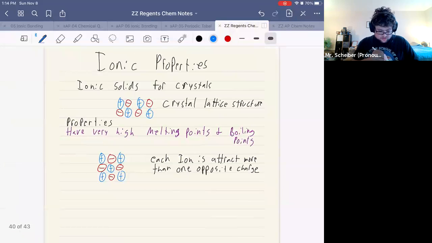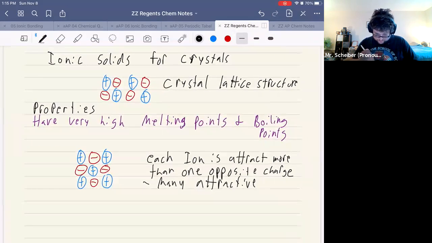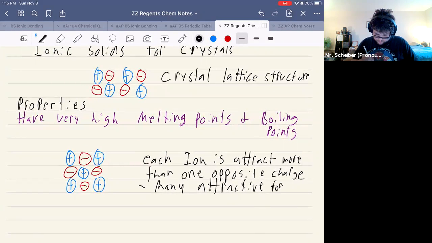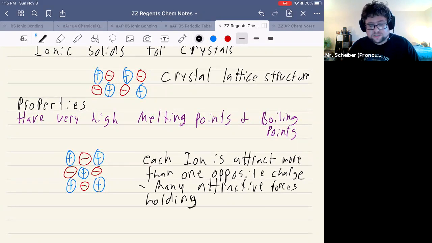So in NaCl, we see that there are 6 anions for every cation and 6 cations for every anion. Because of this, because each ion has so many opposite charges, there are many attractive forces holding the crystal together. So it's held really tight and just takes a lot of energy to break apart.